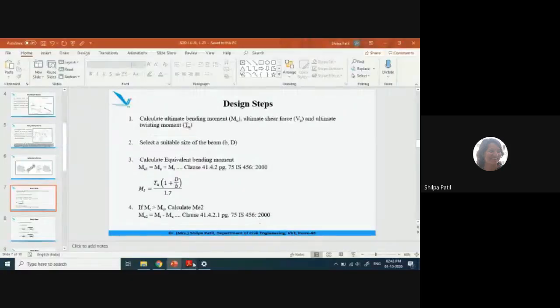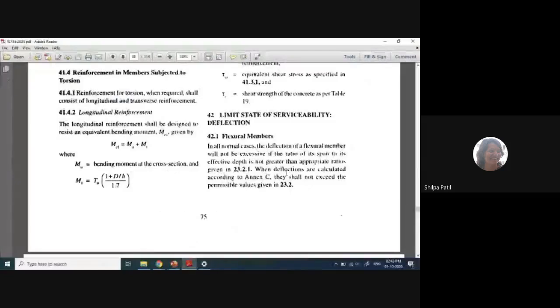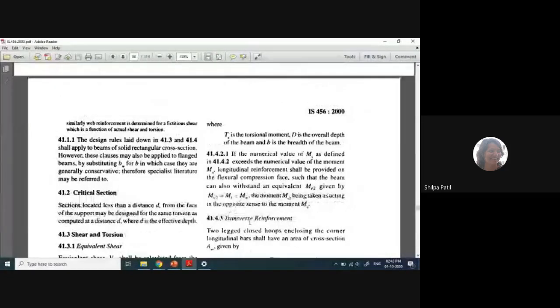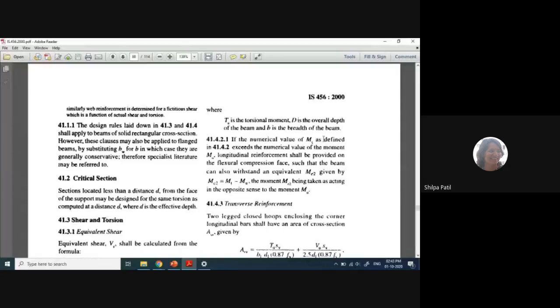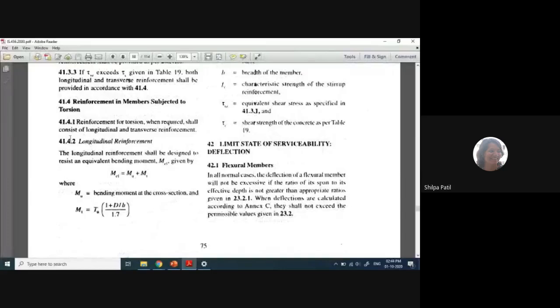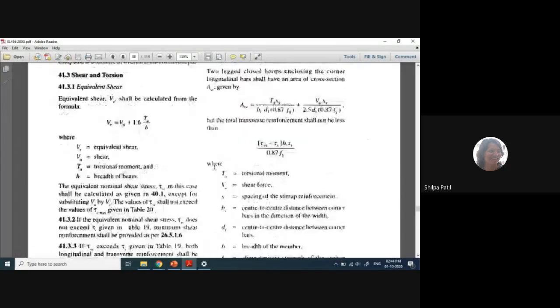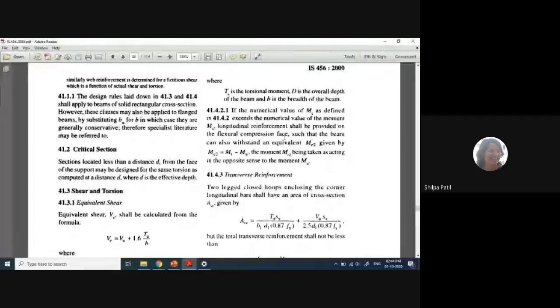So this is again as per the clause which we have just now discussed. I will go back here in the code and show you that clause again. See here. If the numerical value of Mt as defined in 41.4.2, that is this clause, exceeds the numerical value of the moment Mu, longitudinal reinforcement shall be provided on the flexural compression face, such that the beam can also withstand an equivalent Me2, given by Me2 is equal to Mt minus Mu, the moment Me2 being taken as acting in the opposite sense to the moment Mu.